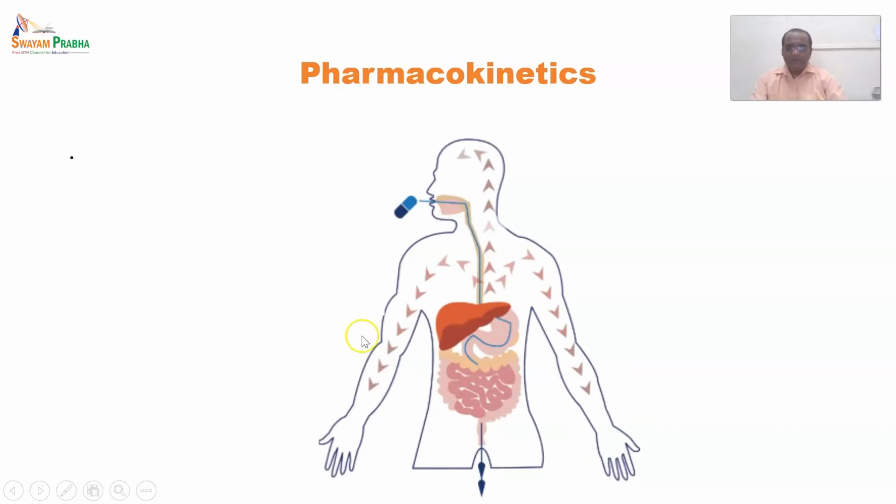So this is a human body. After taking a drug from inside, it will get absorbed. So we'll see the concepts one by one. Firstly, the drug will get absorbed from a site.